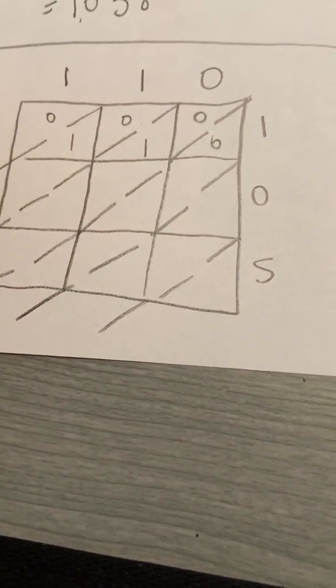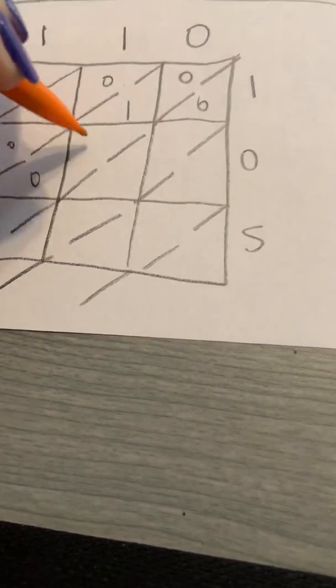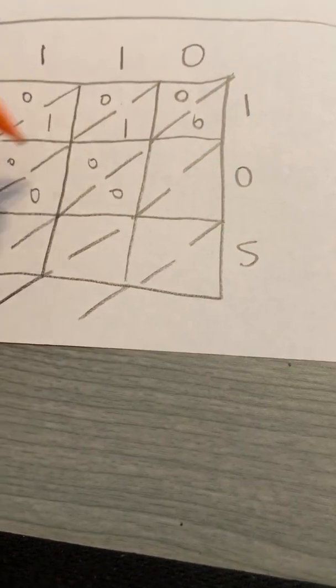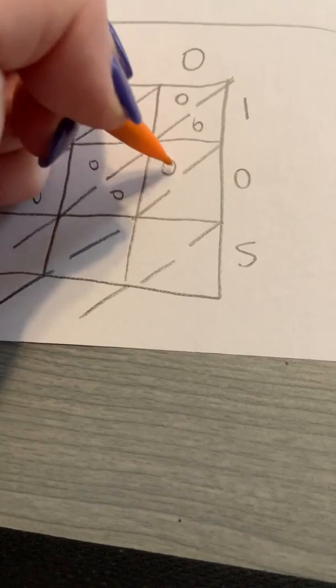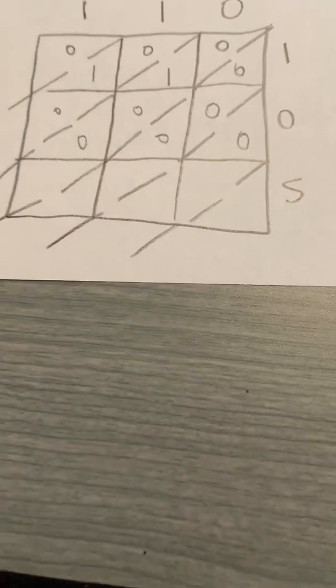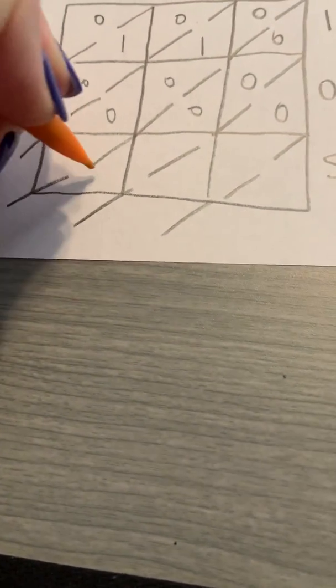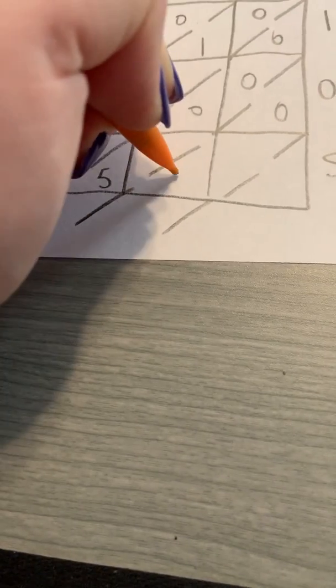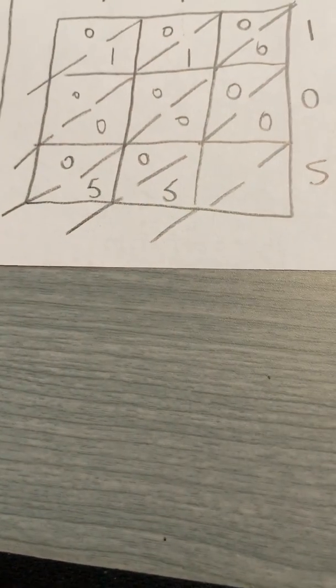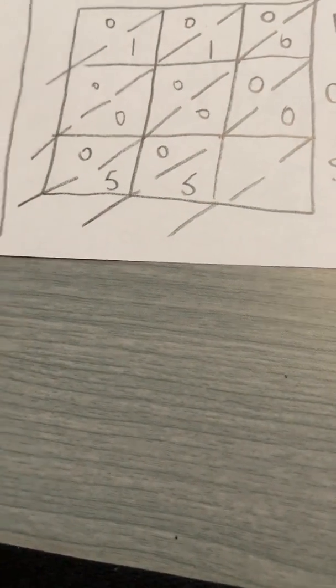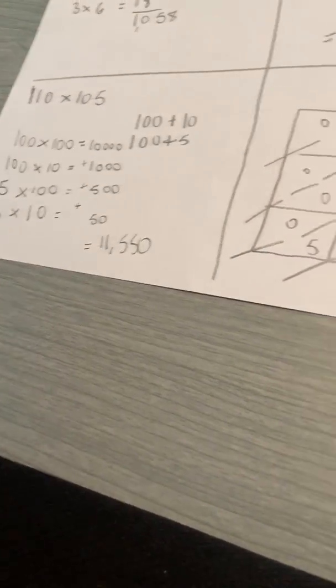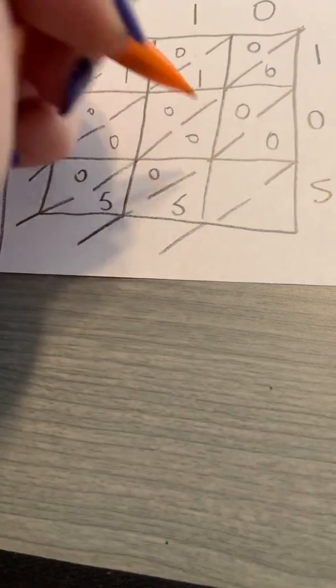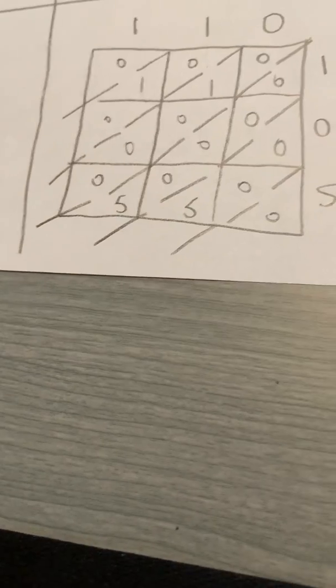This is all going to be 0, because it's 0 times 1, 0 times 1, and 0 times 0. There we go. And lastly, this is going to be 5. I did not realize when I did this one that there was a lot of zeros, but I should have realized that with the hundreds. And this is 0 and 0.